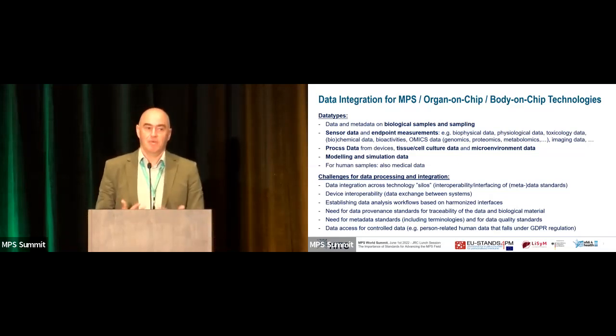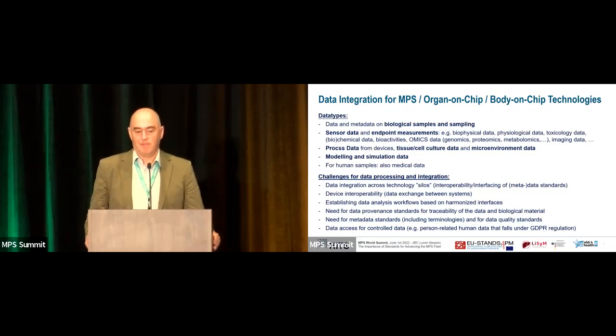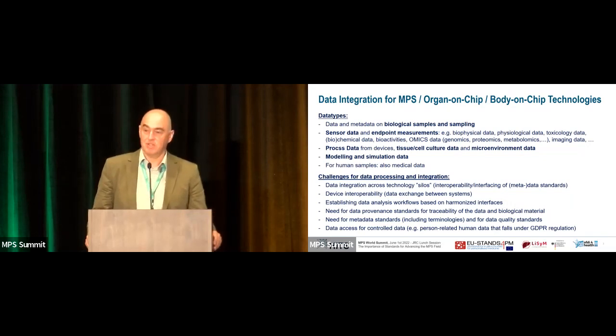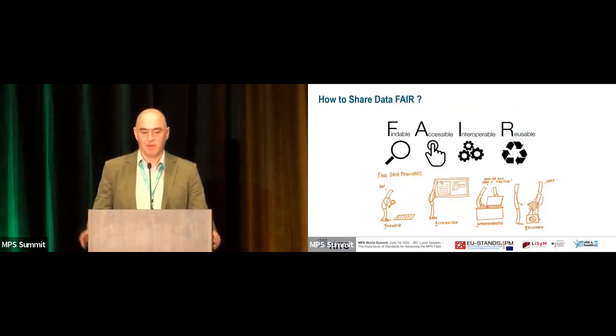So which terms you use to describe your system, your readouts, and all that, as well as data quality standards. The data access sometimes needs to be controlled, not only for proprietary issues, but also when you think of human data. I mean, it's highly controlled very often, the access to these data. And that are all these challenges that you have to face here.